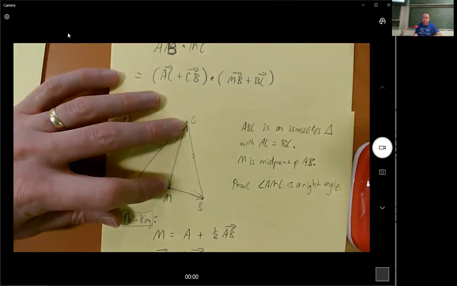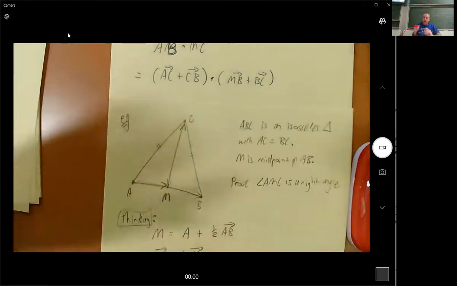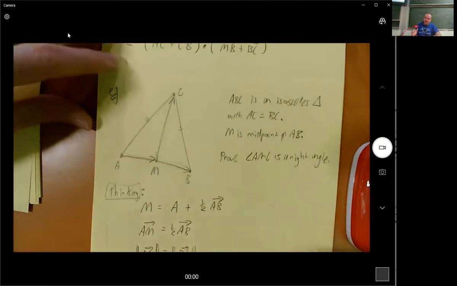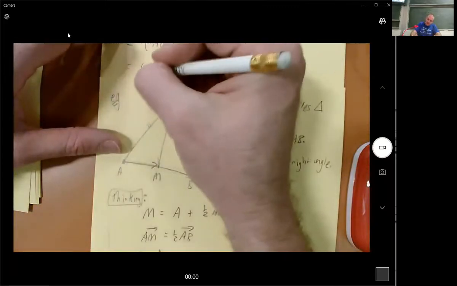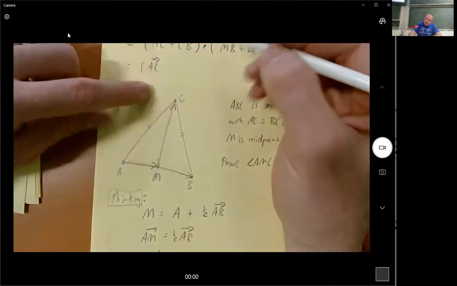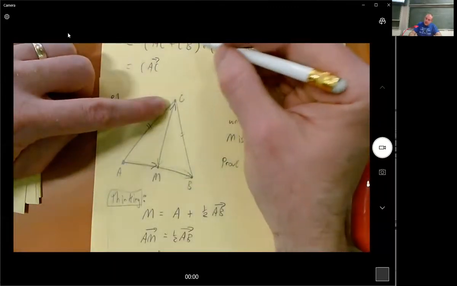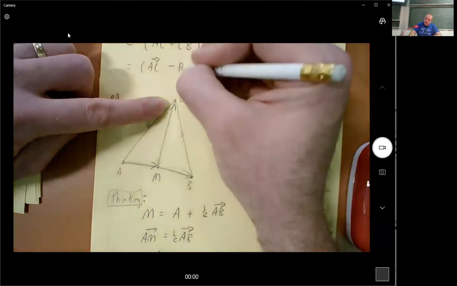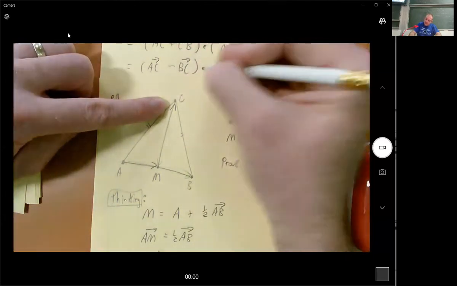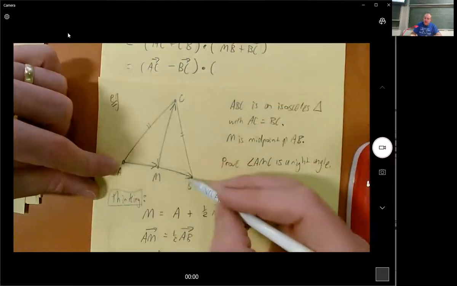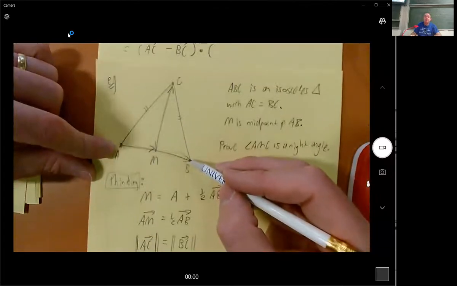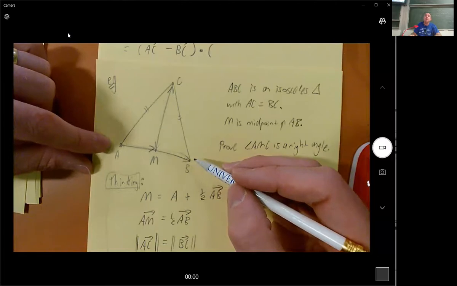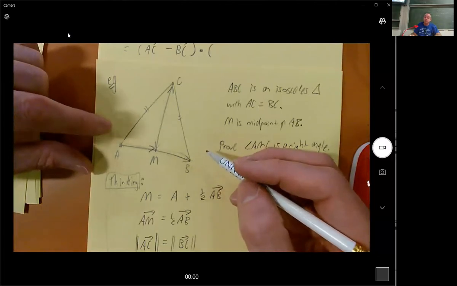Yep. Yes. Okay. And just to make it clear so that everything's good, we've got AC and CB is minus BC. So I'll just do this so that they match. And MB is half of AB, which I reckon is going to be helpful. Could be wrong.